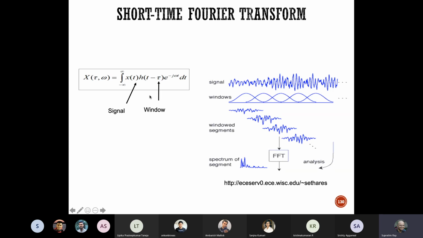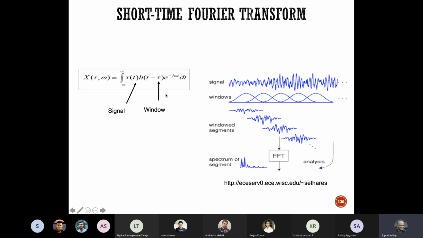Here I'm taking the window h(t), but then I'm translating that window by some amount shown here. So it gives me lots of different segments, and I'm computing the FFT of each. So it's essentially taking the Fourier transform of a short time segment, hence the name short time Fourier transform.